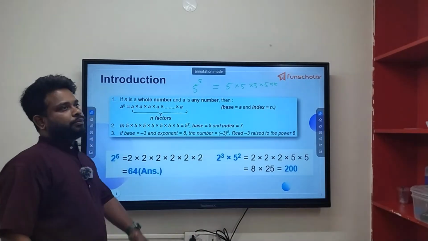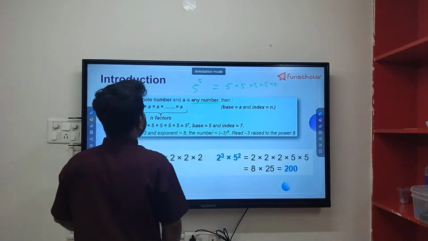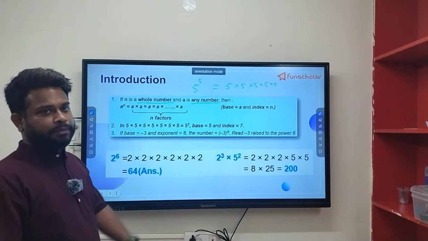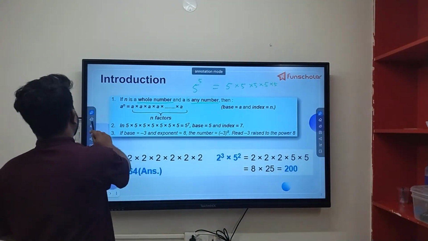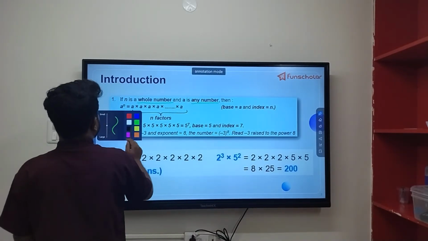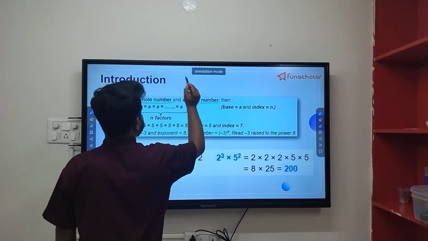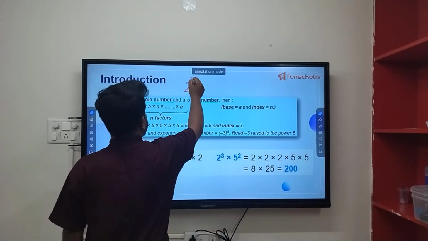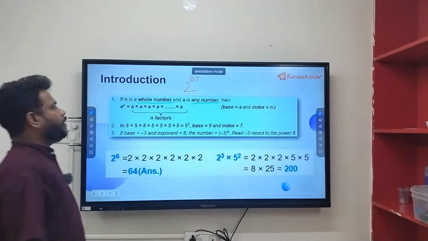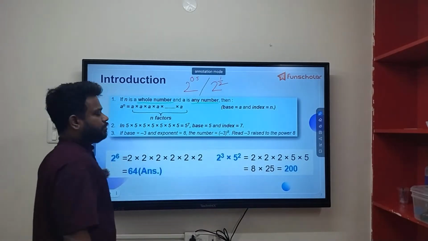Now you may have a question: why am I taking a as any number and n as a whole number? Maybe this question arises in your mind. I am telling you, if I take 2 and the power is 0.5, or this can also be written as 2 to the power 1 by 2.